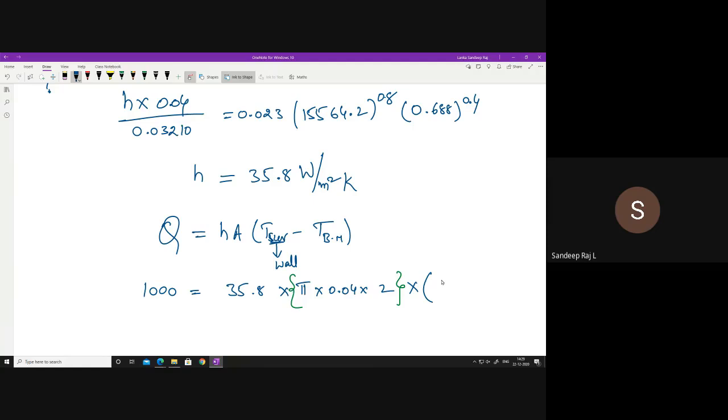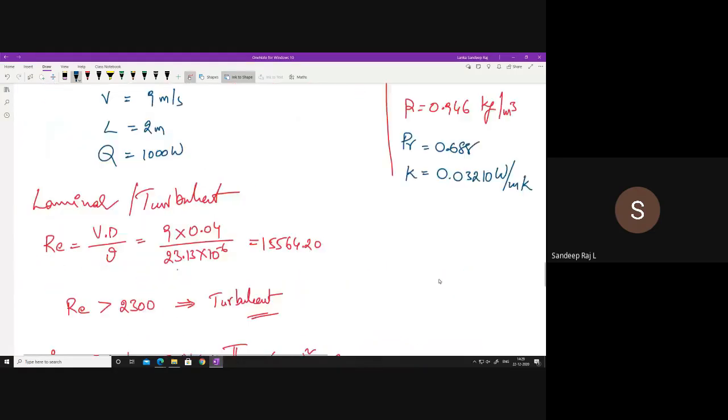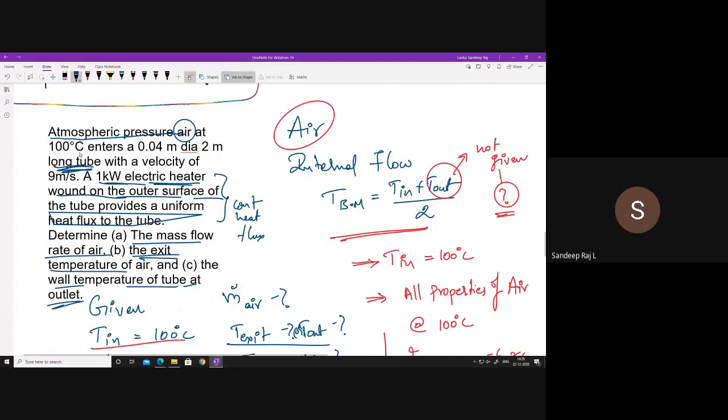So what else is given? T in is given. What is it? 100 degrees centigrade is given to you. This is the T in value. So what to do now?